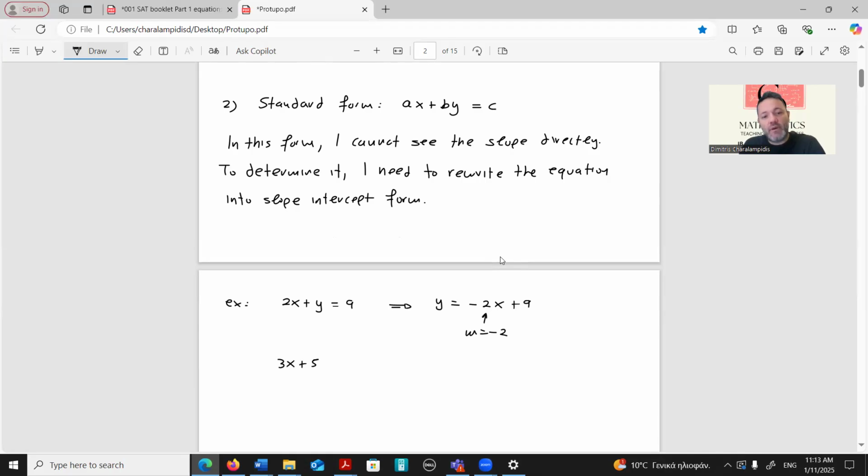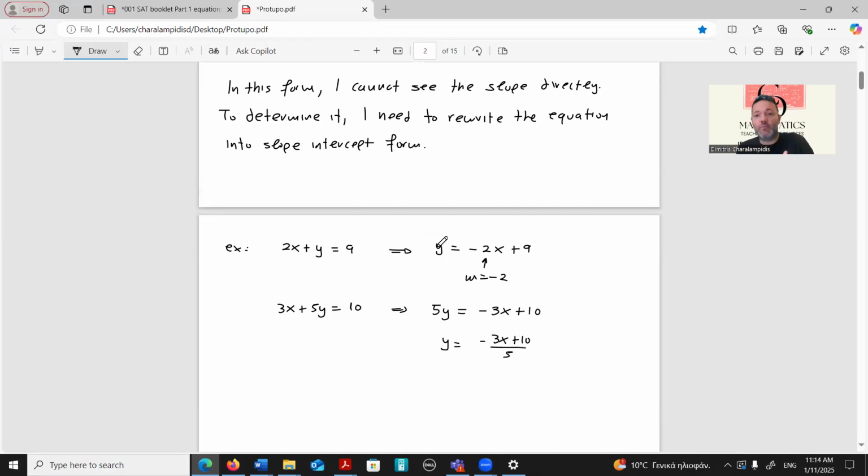3x plus 5y equals 10. This would mean that 5y is minus 3x plus 10. So y is minus 3x plus 10 over 5. This is not yet the slope-intercept form because the slope-intercept form is a clear form: something times x plus something else.